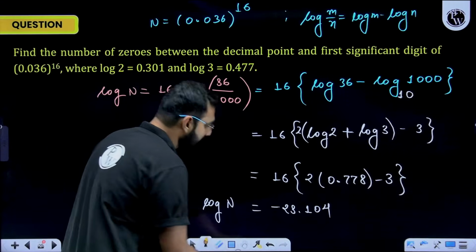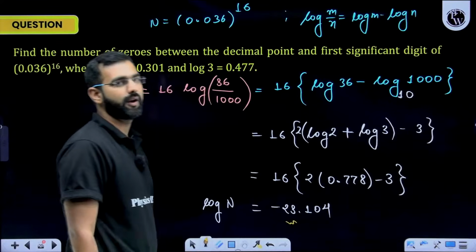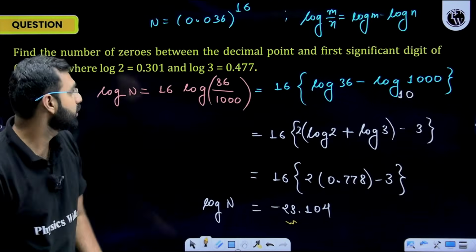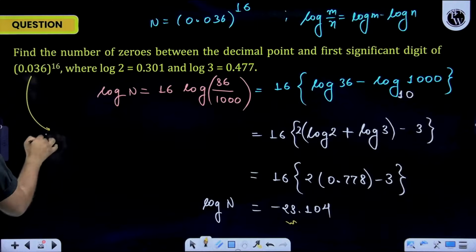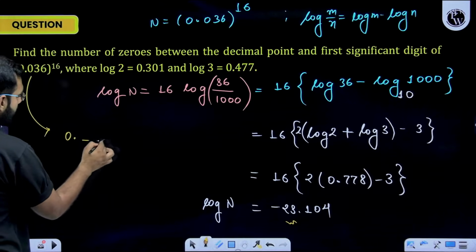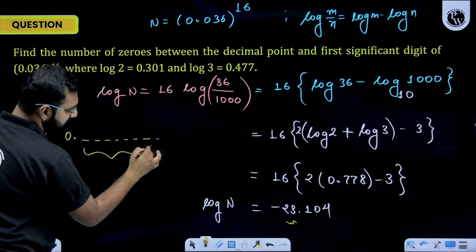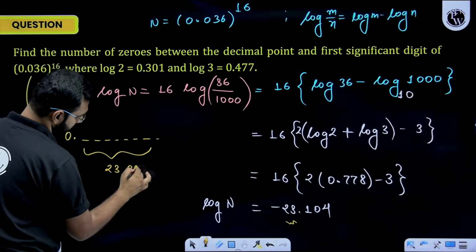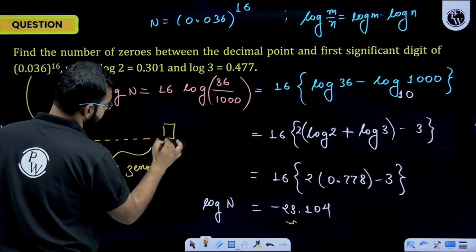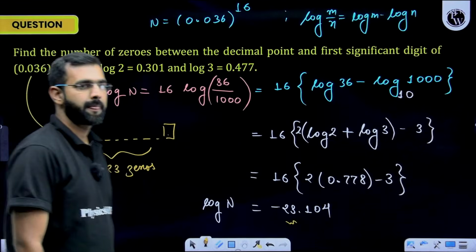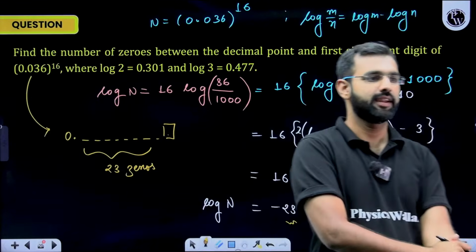That's why I was saying that 23 is your answer. It means that after the decimal, there will be 23 zeros before any significant digits. Yes, 23 will be the answer.